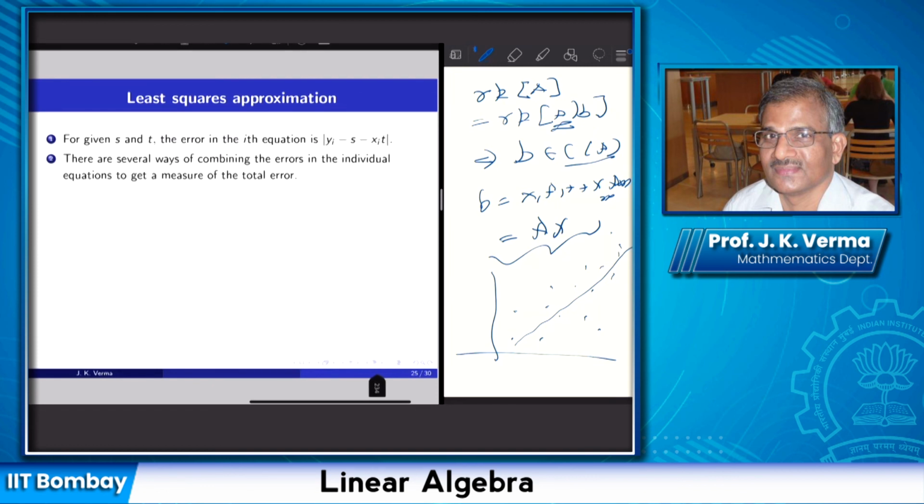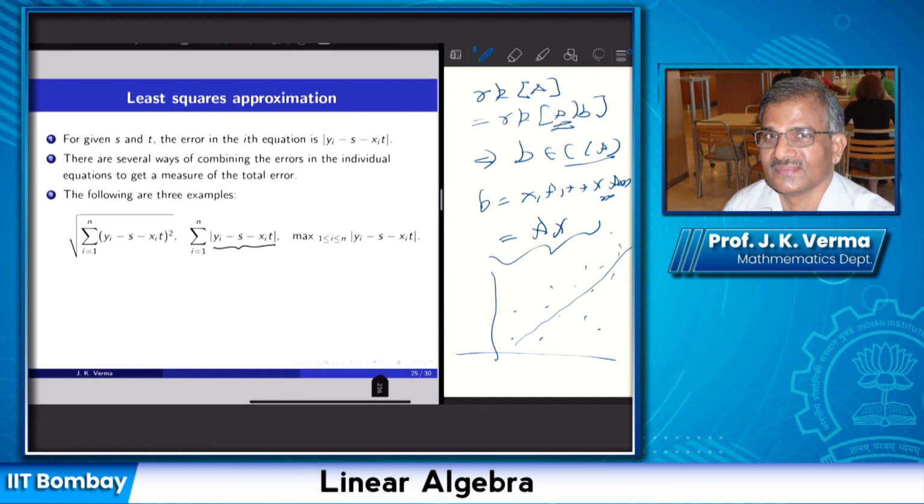For the errors, we can take the experimental value yi and the predicted value s + xi t, take the difference and take the absolute value, and add these things. This is the sum of the errors.